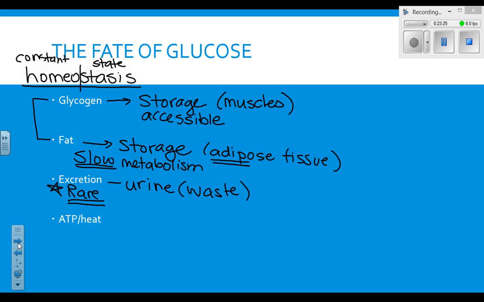Usually, your body only puts things that it wants to get rid of in your urine. Your body would never voluntarily choose to get rid of glucose because it's the fuel that every cell requires to survive. And so the only time that we would find glucose in urine realistically is if the person's blood sugar was so incredibly high that there was just nowhere else to put all of this glucose.